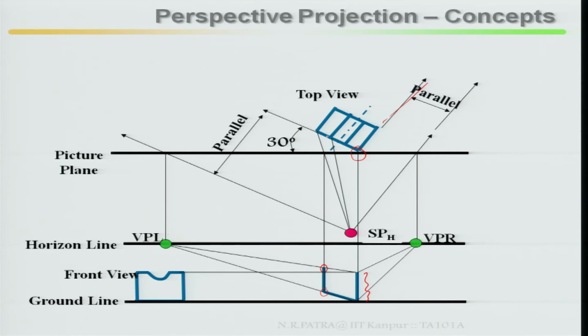What is your intercept here, this point? From this point draw it back and join it. Then look at the other inside edge, this is your point of intercept, and from there join it back, and you join.